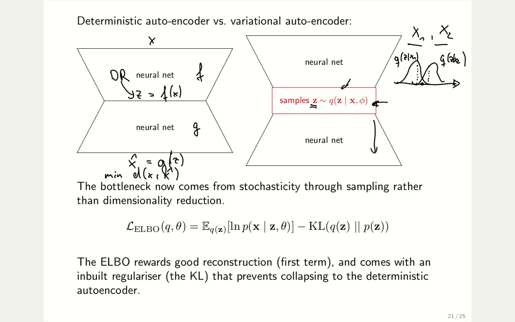Now, what this will force the learning algorithm to do is to learn to put these two bumps apart. So it will try to place these Gaussian bell curves on this real line such that they share as little support as possible. But that also implies that there is finite space to store information, because you can't just reserve a single point for the latent code like the deterministic autoencoder did.